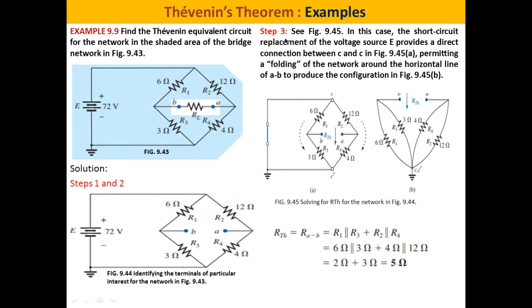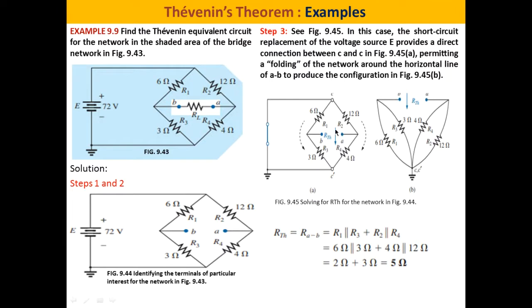Now, let's go to step number 3. We have to reduce all the sources to zero. Here we have only one voltage source. We have to replace it by a short circuit, as it is shown in figure 4.9.45. So we have replaced the power voltage supply by a short circuit.